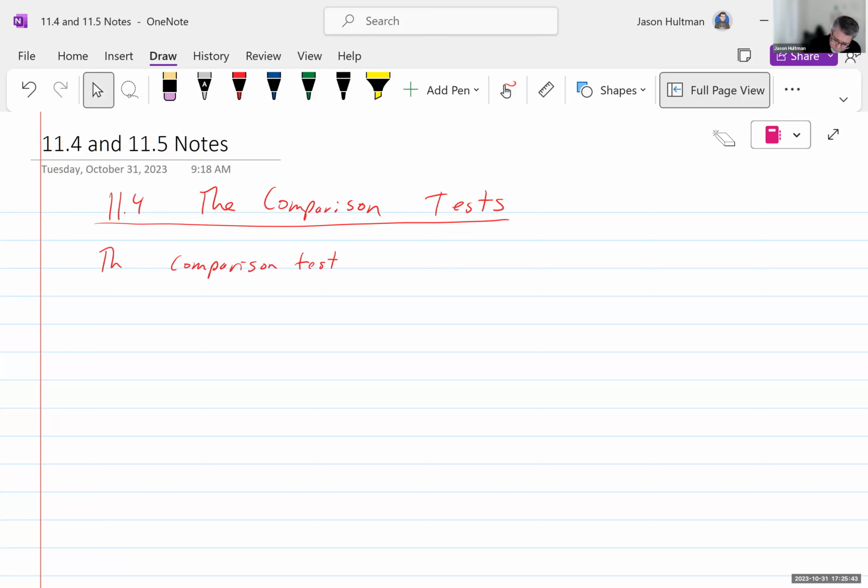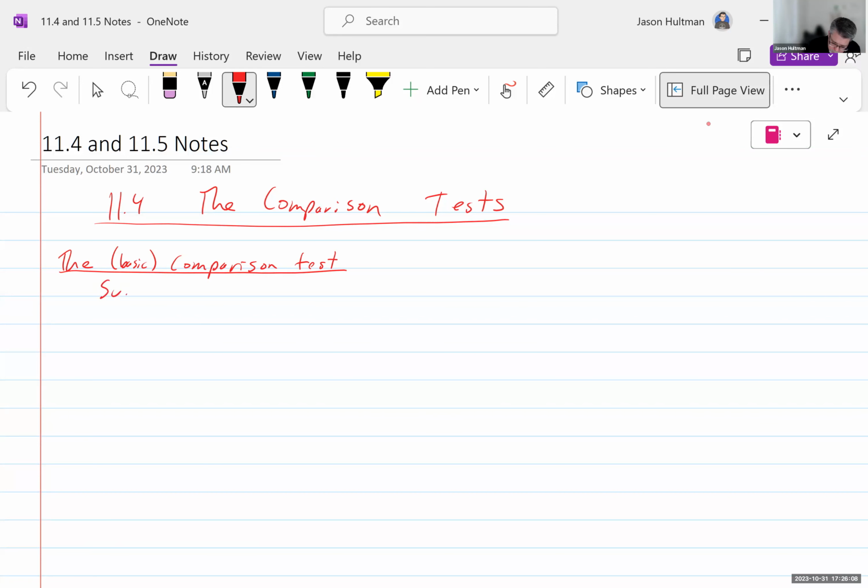Well, sometimes they call it the basic comparison test. It depends on what book you're taking Calc 2 out of. The basic comparison test or just the comparison test. Okay, there are two comparison tests, so sometimes they call this one the basic one.